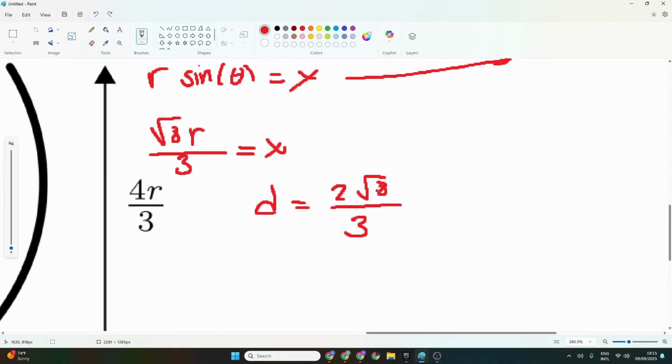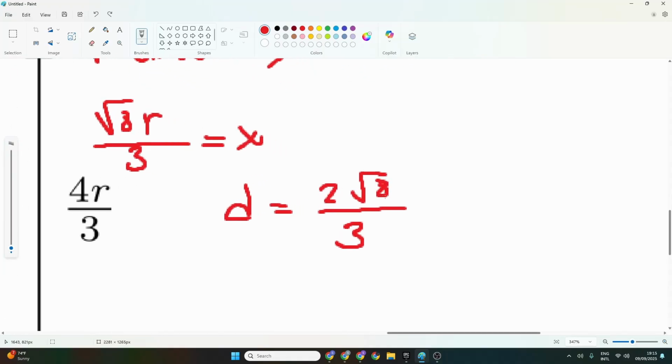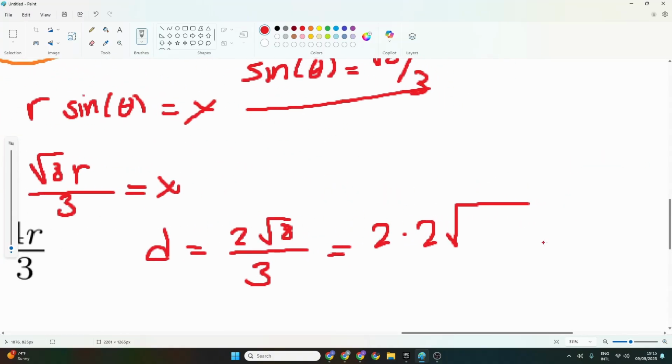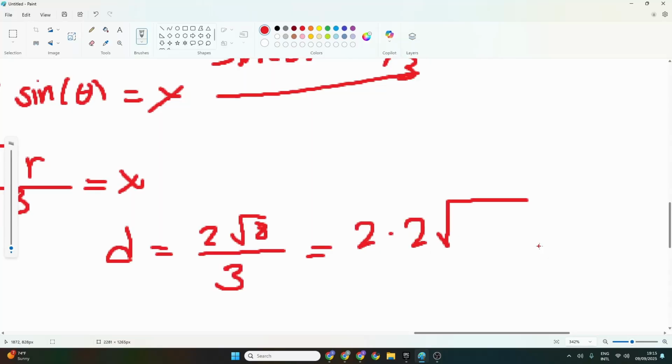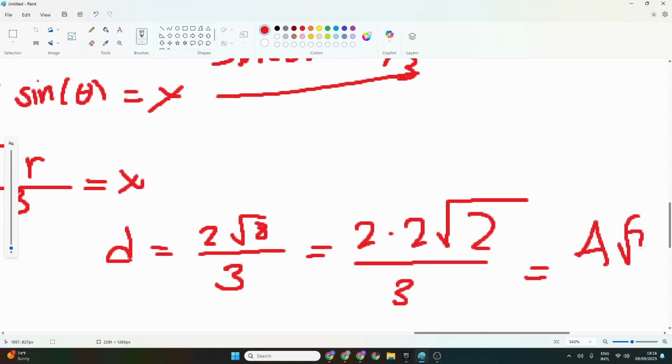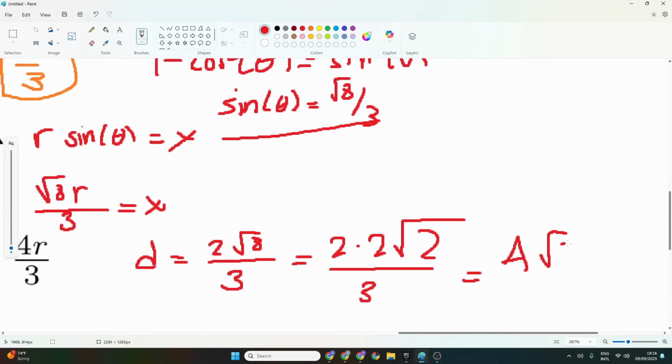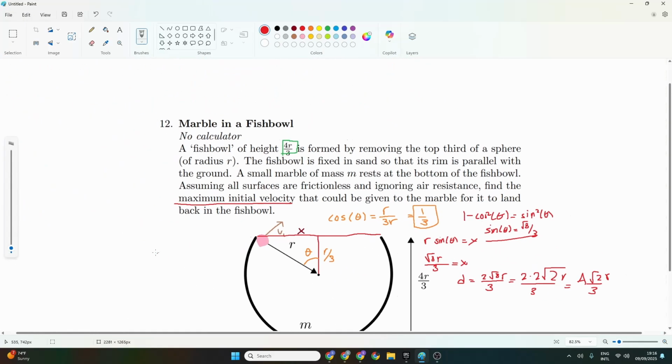You can simplify this by drawing out a 2 from here, so it becomes 4 radical 2 over 3. And don't forget that there's an r here, and there always will be.